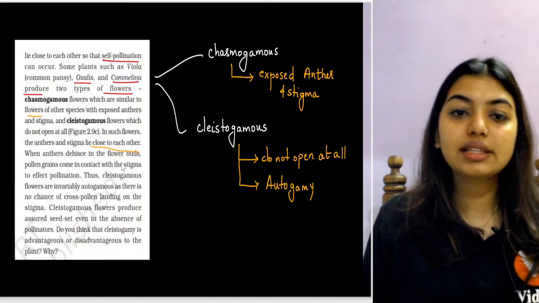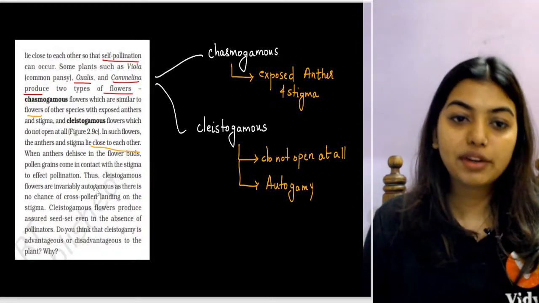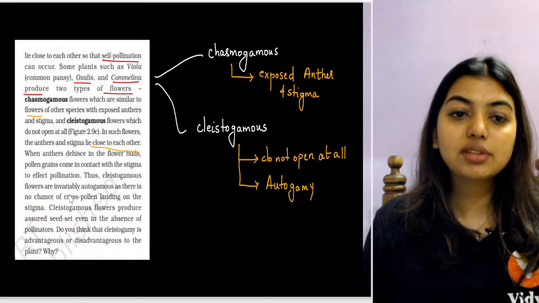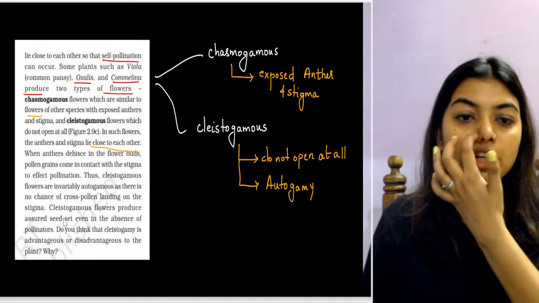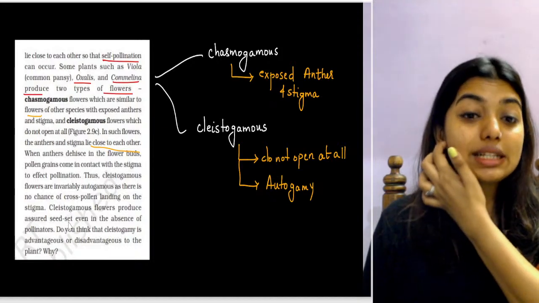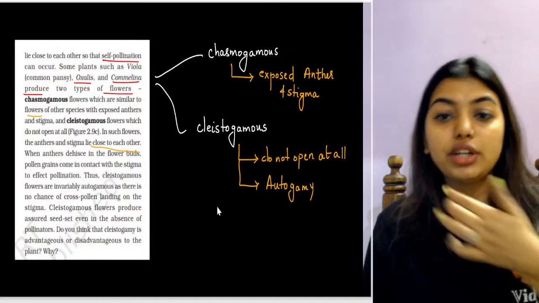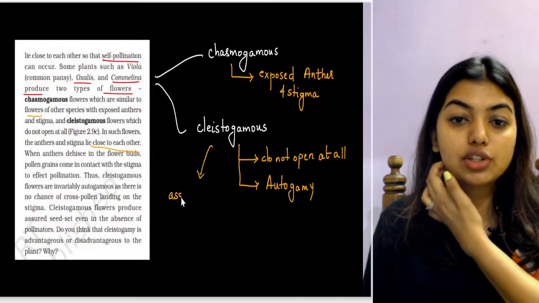When anther dehisces in the flower bud, pollen grains come in contact with the stigma to effect pollination. Thus, cleistogamous flowers are invariably autogamous, as there is no chance of cross-pollination. Cleistogamous flowers produce assured seed set even in the absence of pollinators. Students, if they don't form a seed set, what is going to happen?